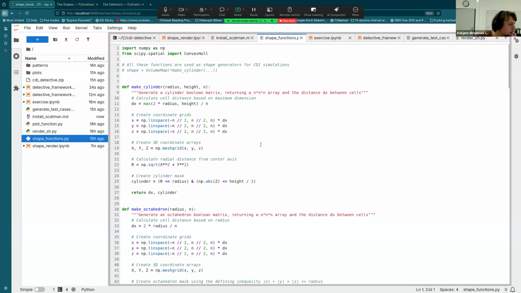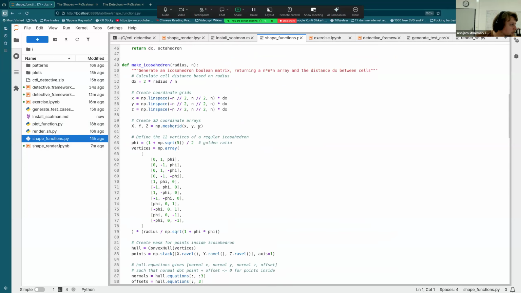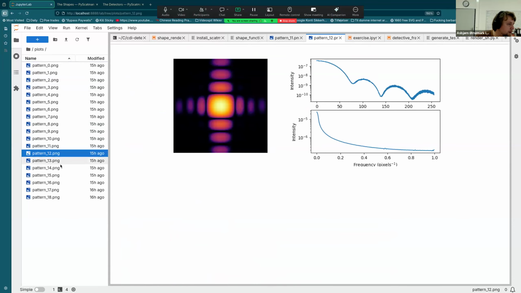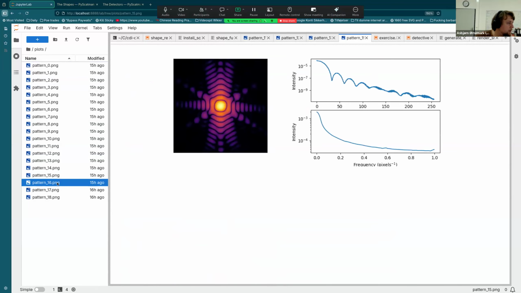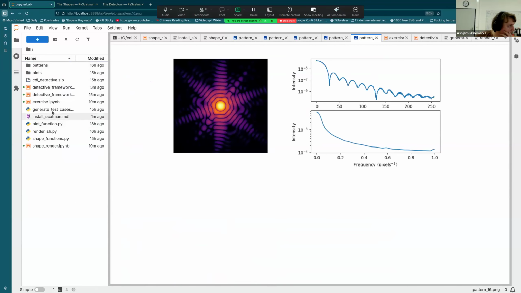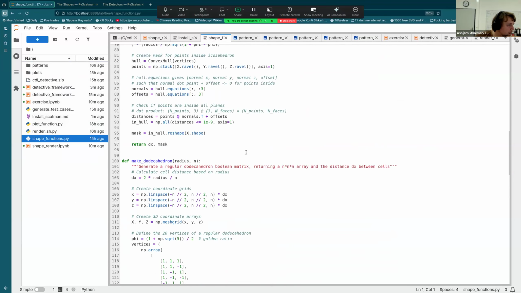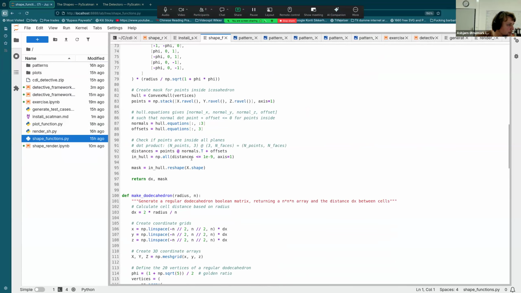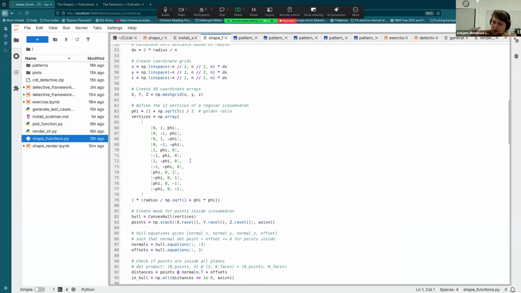I made a little helper library, because as you can probably guess from these later plots, these are not round things anymore. So I made a little helper library called shape functions to just generate differently shaped regular polyhedra.